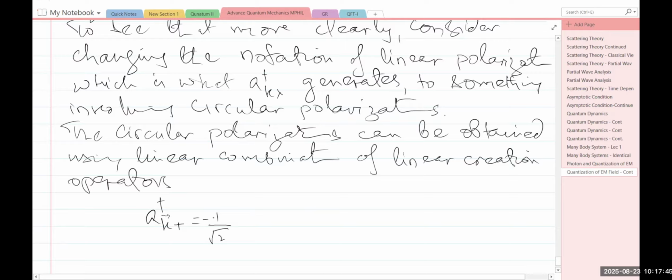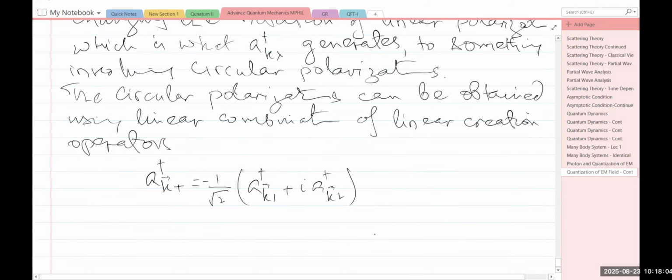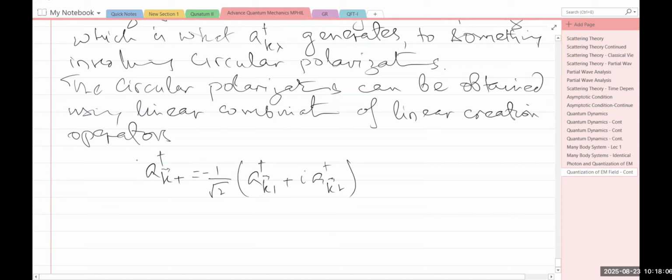The linear sum of these vertical and horizontal polarizations would result in a circular polarization. And that is, in fact, a k1 dagger plus iota a k2 dagger. So this is a k plus, and let me box it.